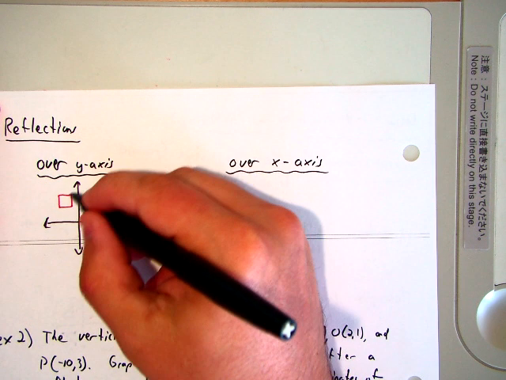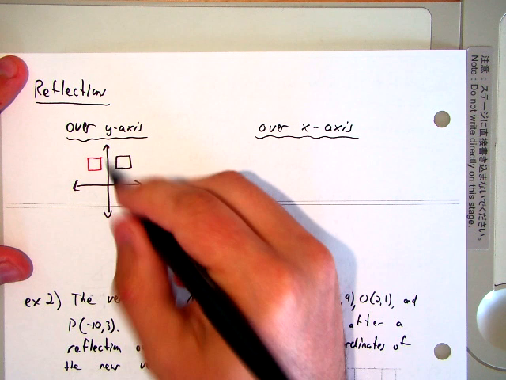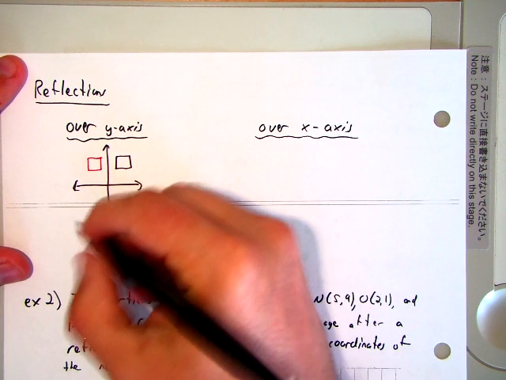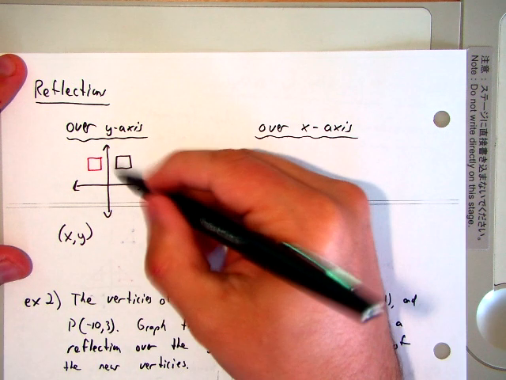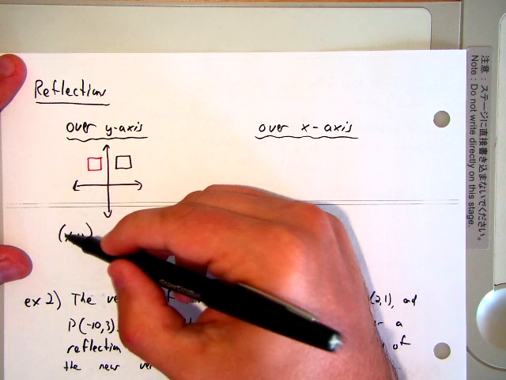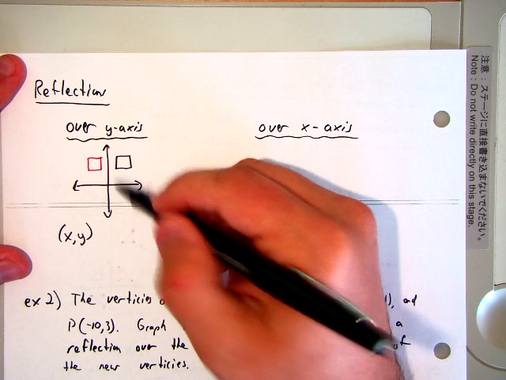So I'm going to go from here to here. Now I know that there aren't any tick marks on this coordinate plane, so we don't know exact ordered pairs. But if we look at any ordered pair on this square, it would be x, then y. Whatever the x coordinate is, followed by whatever the y coordinate is.